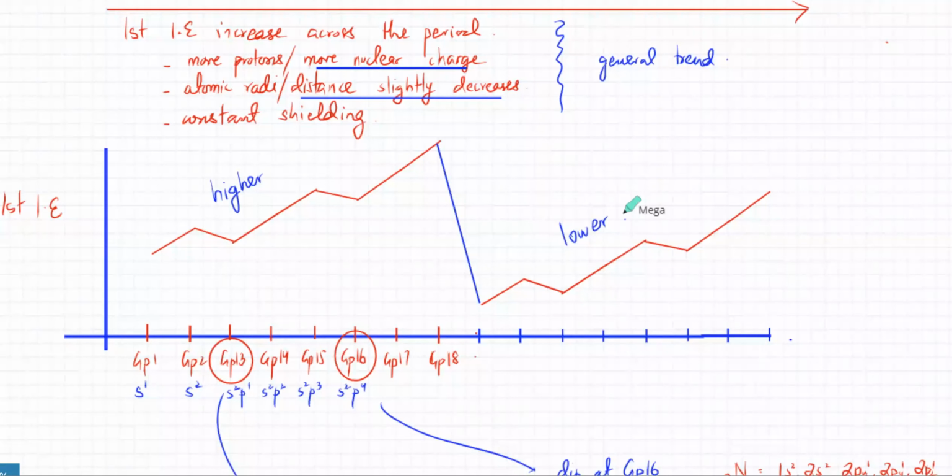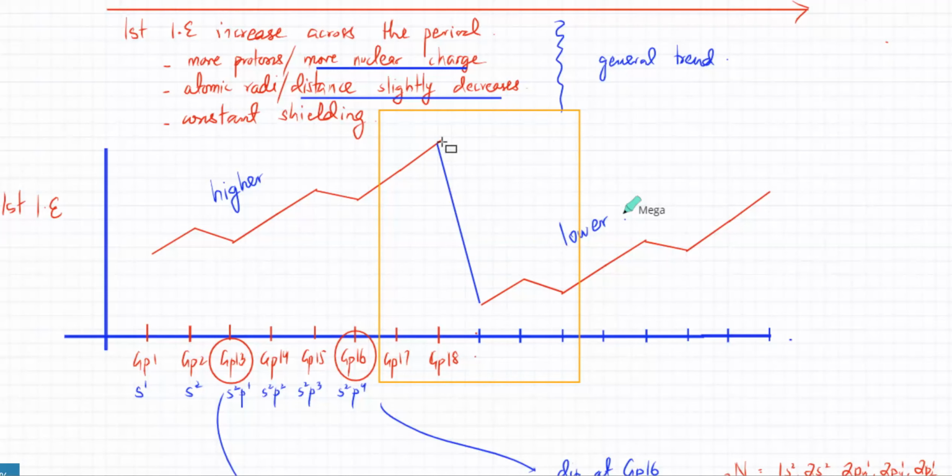Okay, so remember, don't get confused. A lot of times they'll give you just partial structures. It's going to be the same graph, but they're going to just show you this part. So make sure you know that when this big dip comes in, that indicates that the period is changing and you're starting with the next period. The peak, the top, indicates group 18, and the extreme bottom indicates group 1.